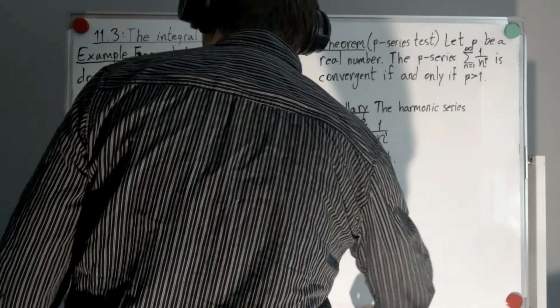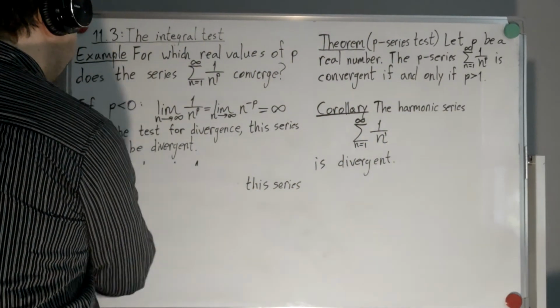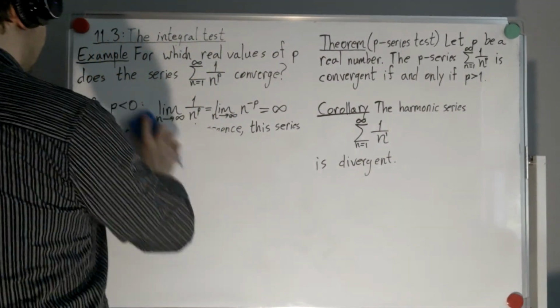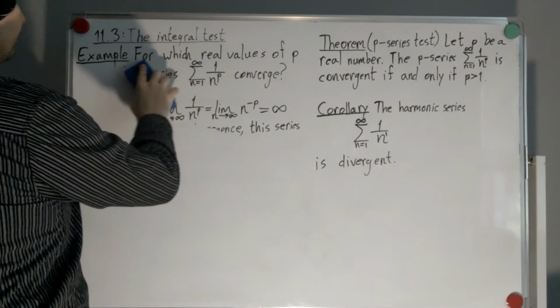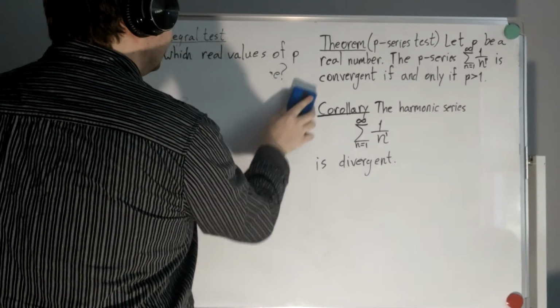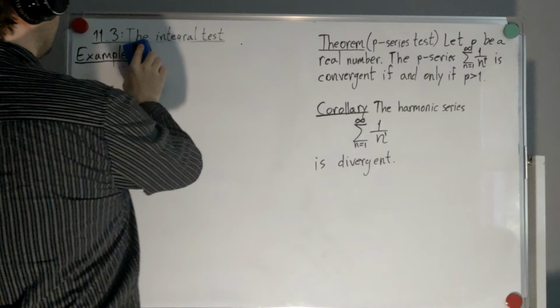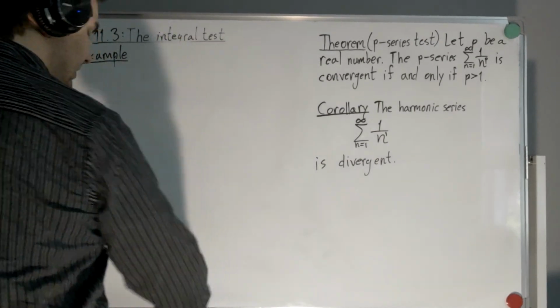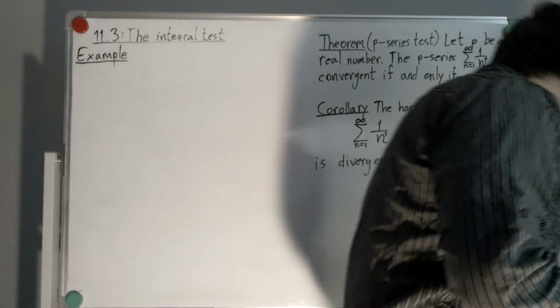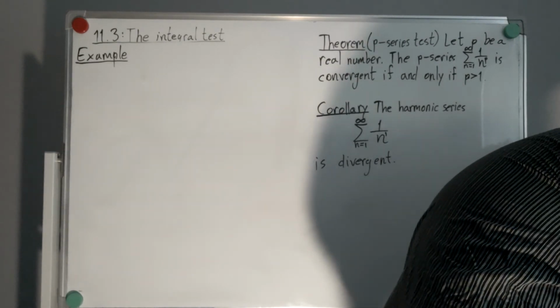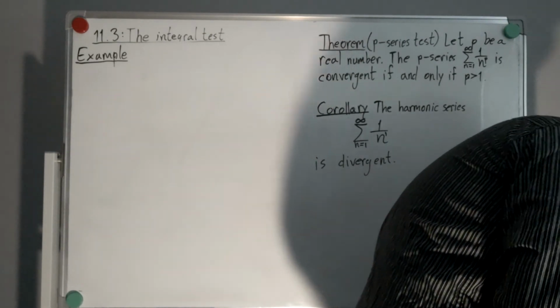Now the p-series test, as we've seen, is a consequence of the integral test. And so it has limited use, but it still has some use. So let's just go ahead and do a small example here.